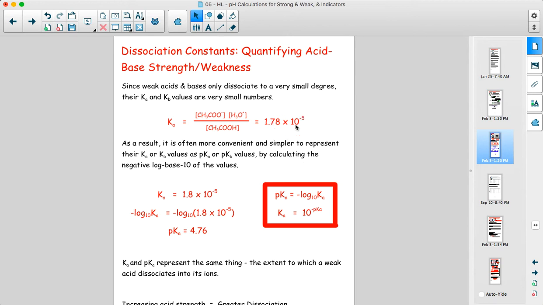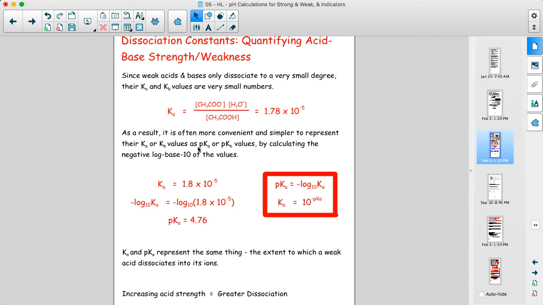So rather than presenting it like that, which is valid, that's the Ka value, we do the same thing as with pH. Anytime you see p in this topic, it means we're taking negative log base 10. And what that does is it simplifies the value from a number in scientific notation to a simple number that has a value usually between 0 and 14, or it could be higher, 15, 16, but it's a much simpler number that's easier to understand and compare.